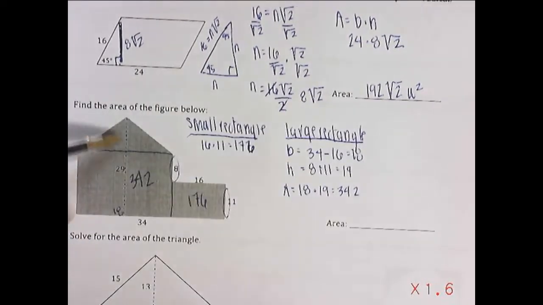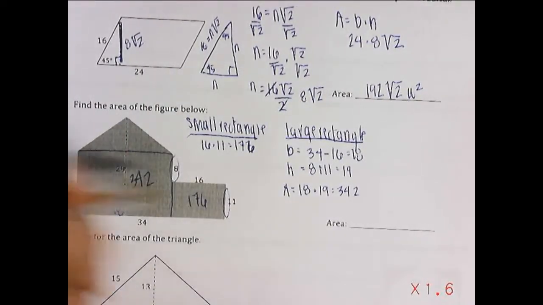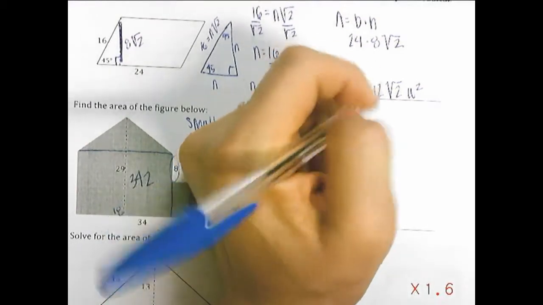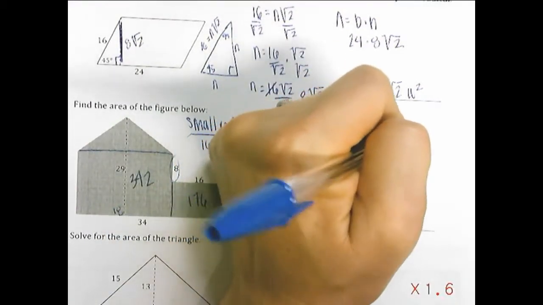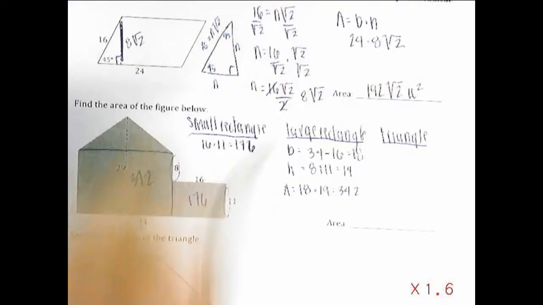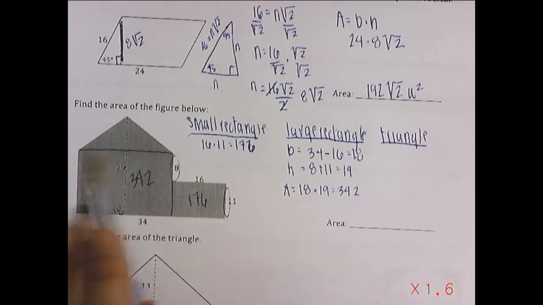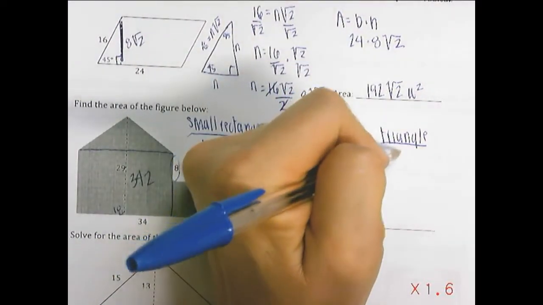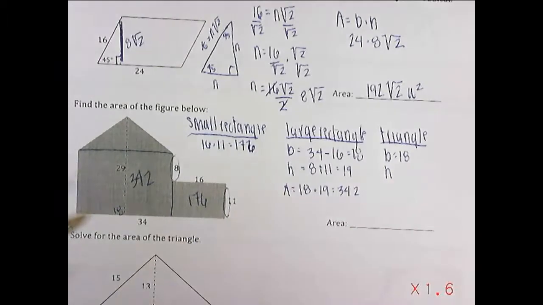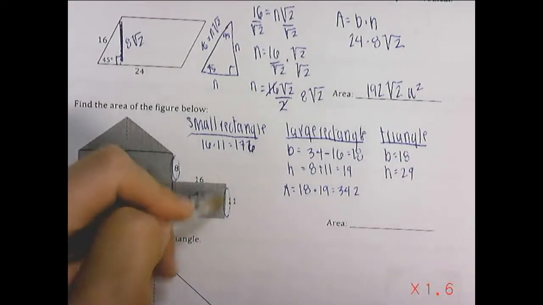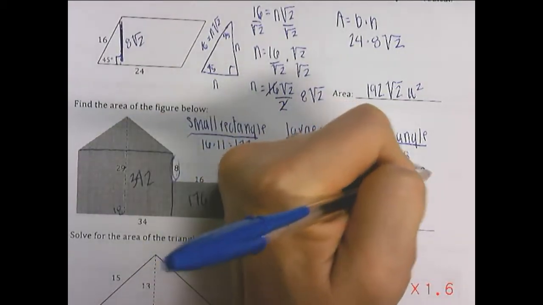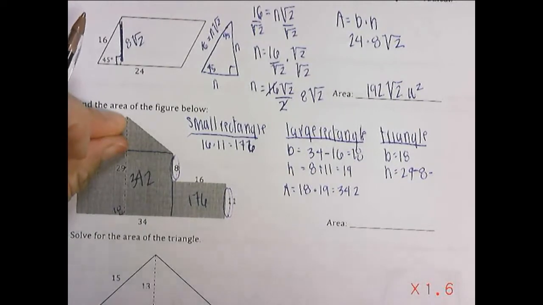Then I looked at my triangle. And I knew that the base was going to be the same measure as the rectangle because they line up. So my base was going to be 18. My height was going to be this total height, 29, minus the 8, and minus the 11, because I only want this piece right here.